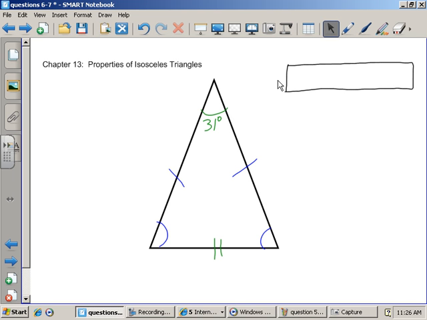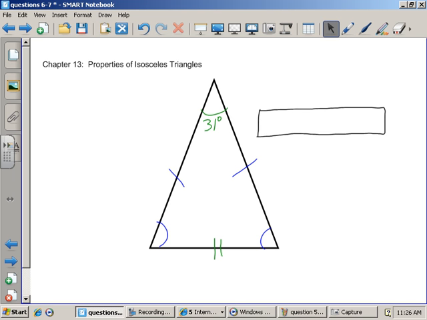I'm going to move that down just a little bit. We also know that I've already used up 31 degrees. And I have to figure out how much is left over. Well, my first step should be to subtract 31 from 180.